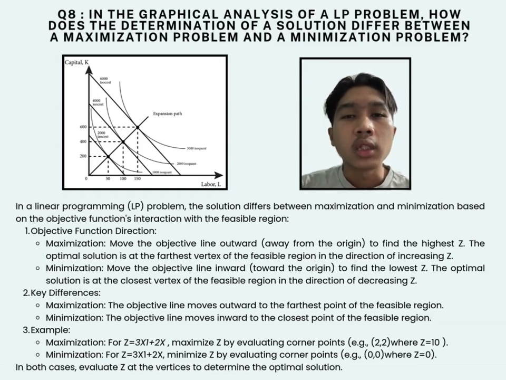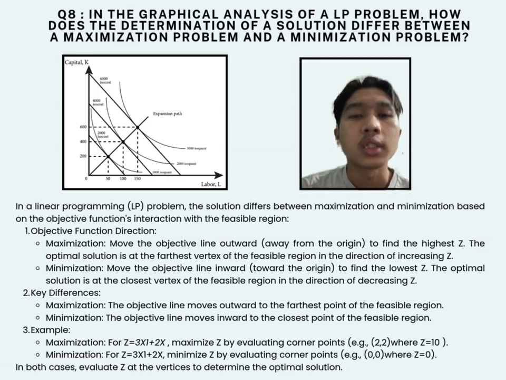Maximization, the objective line moves outward to the farthest point of the feasible region. Minimization, the objective line moves inward to the closest point of the feasible region.